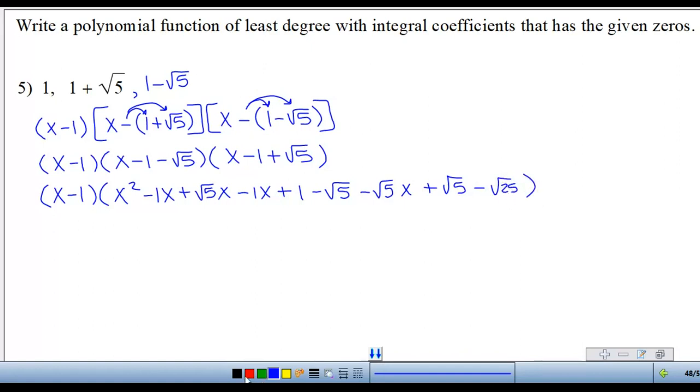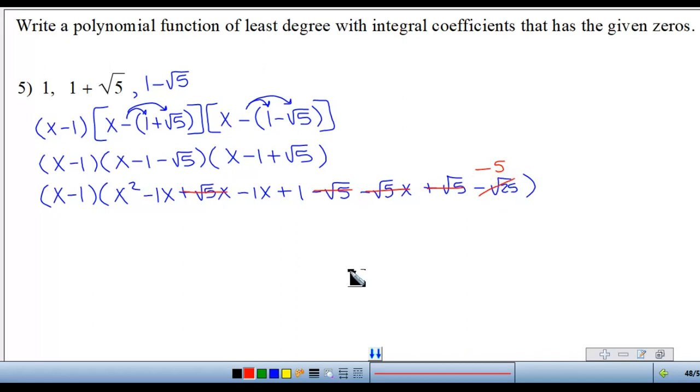Now let's clean this up. Let's start by canceling out things that are opposites. I can see here that I have a positive square root of 5x and a negative square root of 5x, so I'll cancel these out. I also have a negative square root of 5 and a positive square root of 5, so these will cancel. The square root of 25 is actually 5, so this term becomes negative 5.